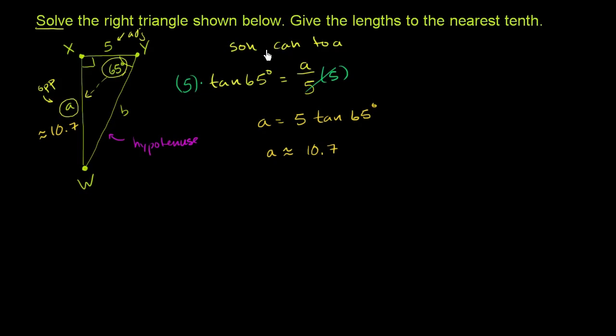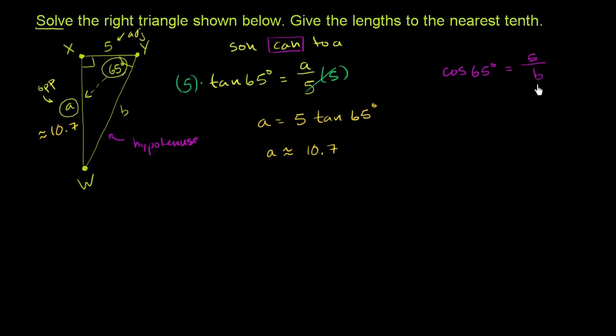Well, we see from SOH CAH TOA that cosine deals with adjacent over hypotenuse. So we could say that the cosine of 65 degrees is equal to the length of the adjacent side, which is 5, over the length of the hypotenuse, which has length B.